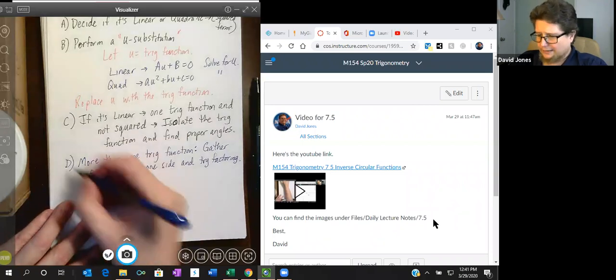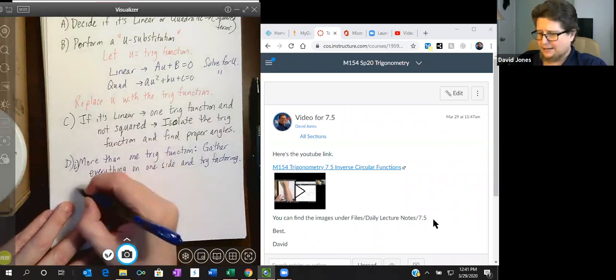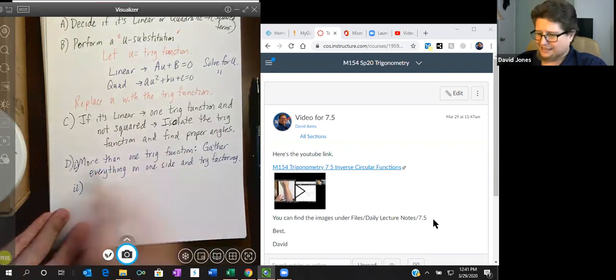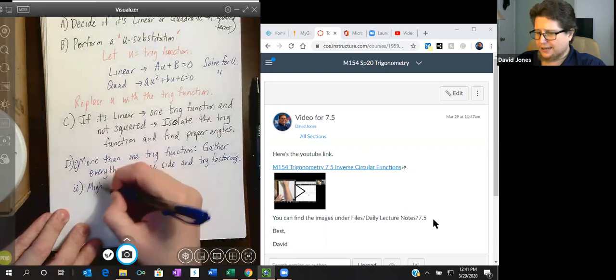Also under that vein, the last one we did had tangent and secant. You might try squaring and using identities.